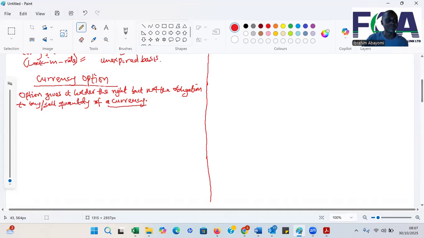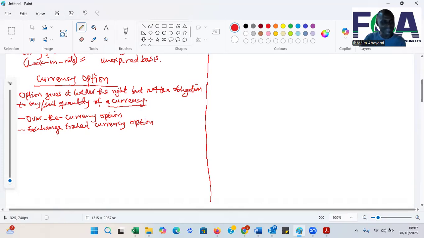Then we have exchange traded currency option.